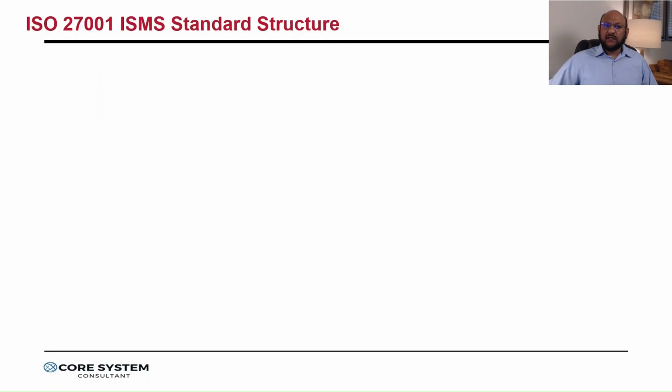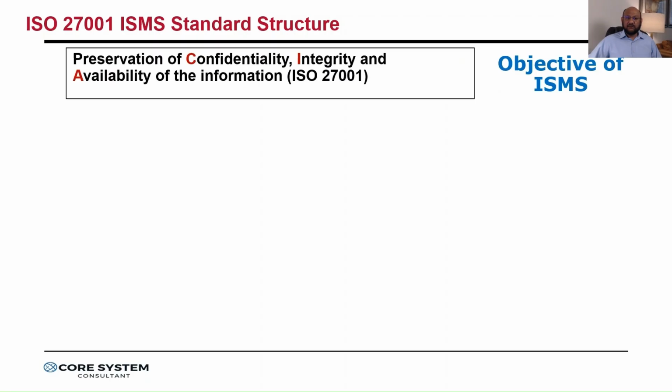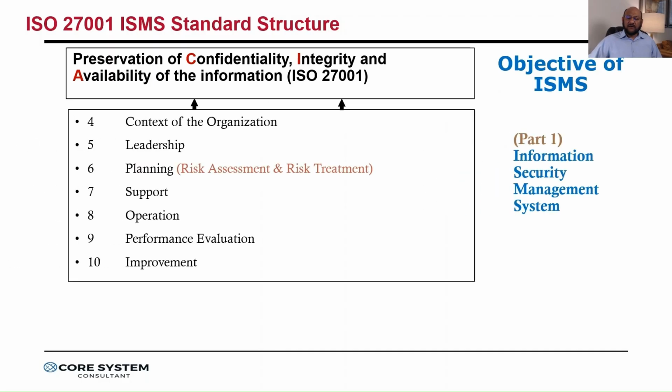So, what we did in the last video is the overall structure of the ISO 27001, starting from the objective of the ISMS standard, which is the preservation of the CIA, which is confidentiality, integrity, and availability. The main part of the standard, which are from 4 till 10, establishes the ISMS.